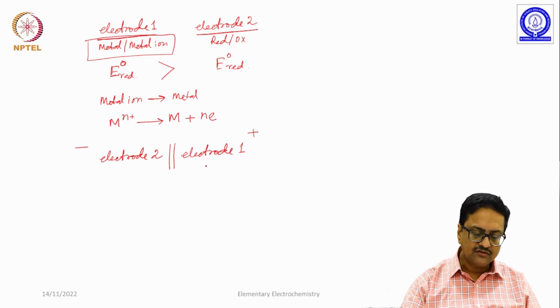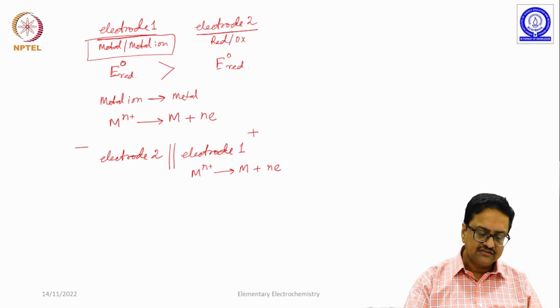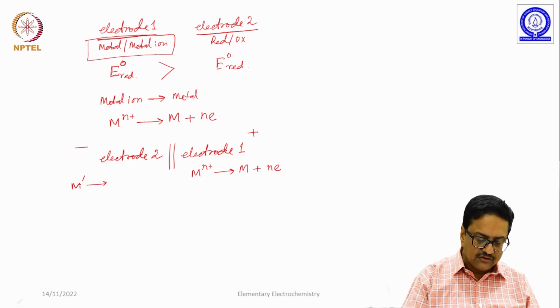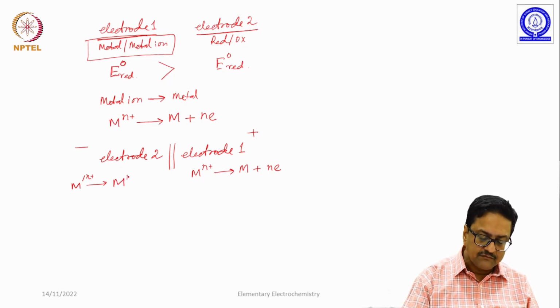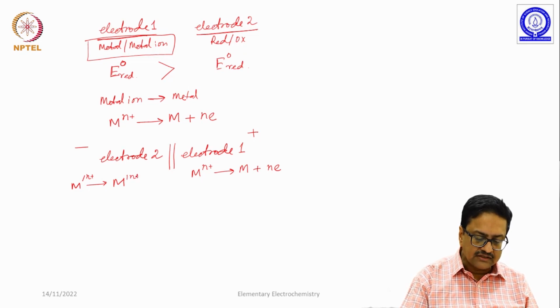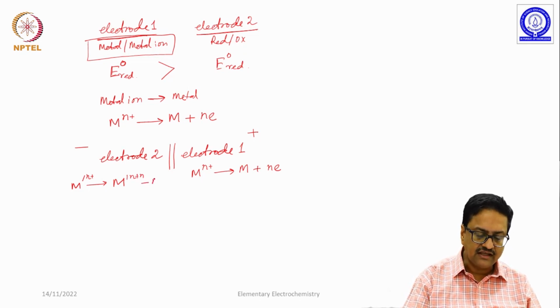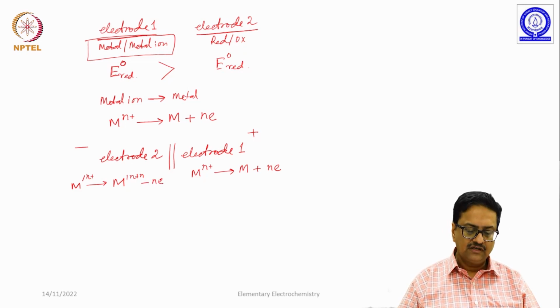So in electrode 1, you will encounter the reduction of the metal ion to the corresponding metal, whereas in electrode 2, some other metal M prime will get oxidized from its M prime to n plus oxidation state by releasing n number of electrons, right?